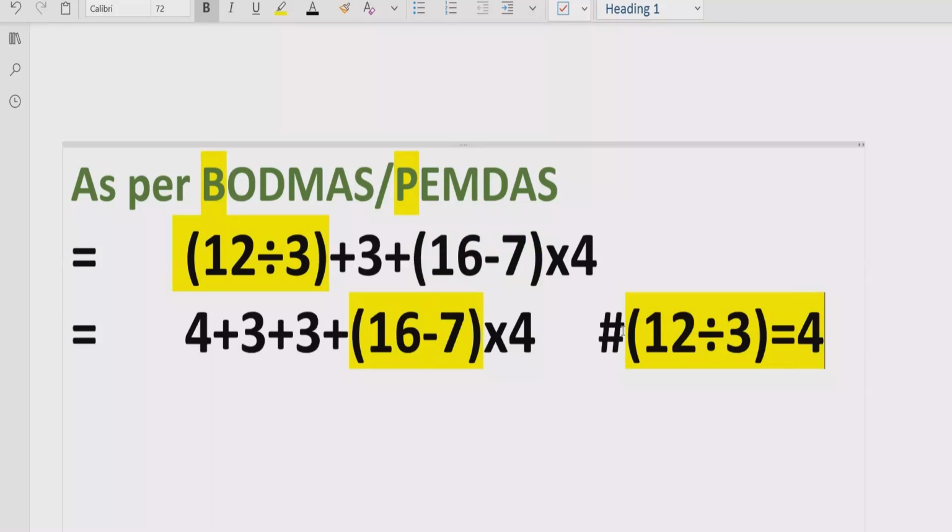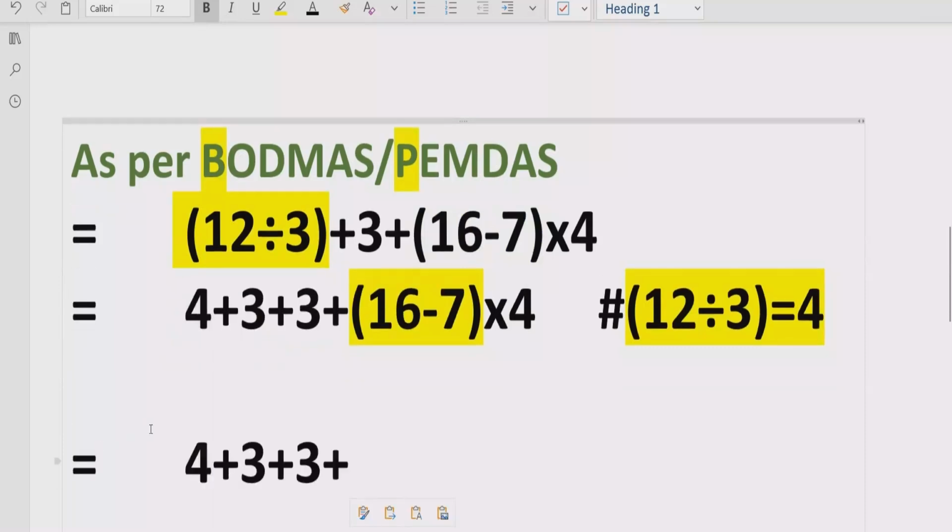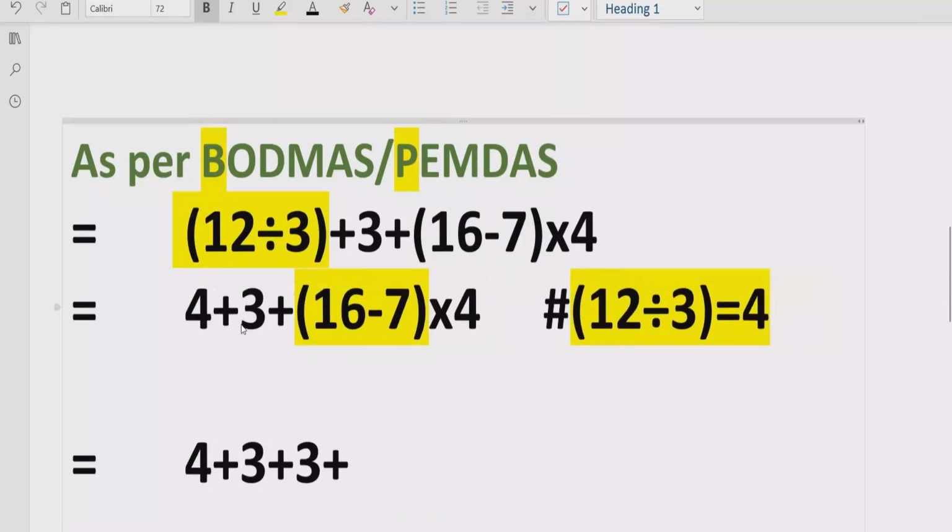Now, let's move forward to solve the other bracket. We will write the other things as they are. One more thing, we made a mistake here, we cannot write it that way. Now we have 16 minus 7 here, so we can solve this one. 16 minus 7 equals 9.